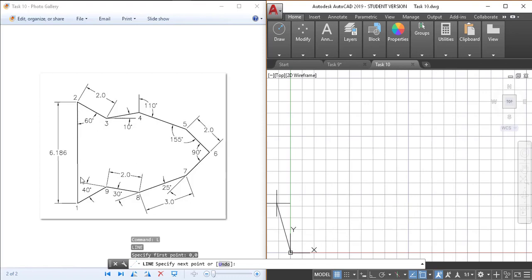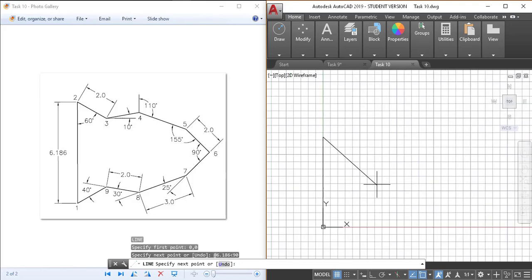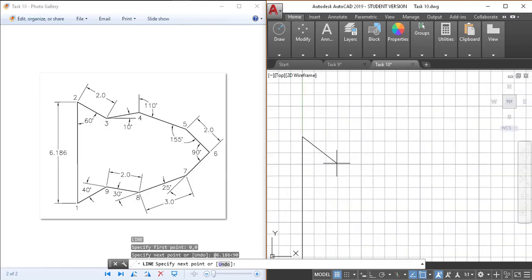This line is making a 90-degree angle with the positive x-axis, since it's apparently a vertical line. So what we will give is @6.186<90, with the @ sign at the start. 6.186 is the length of the line. So we have this line available.